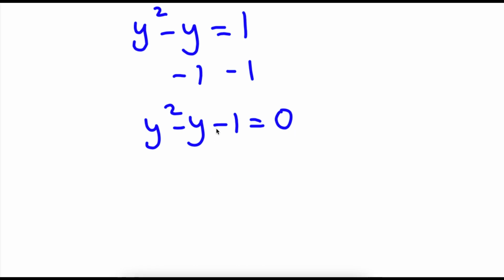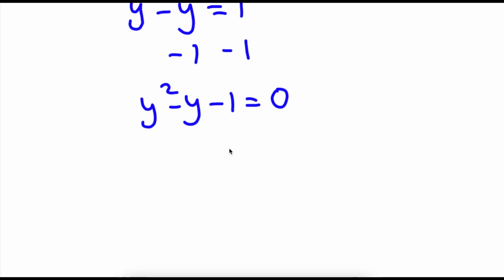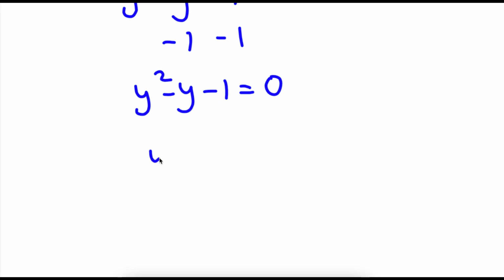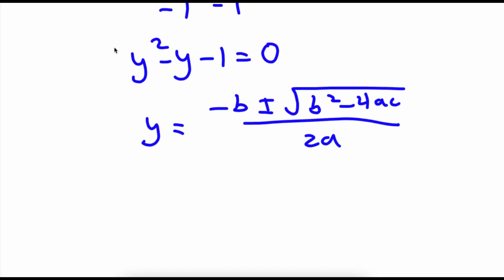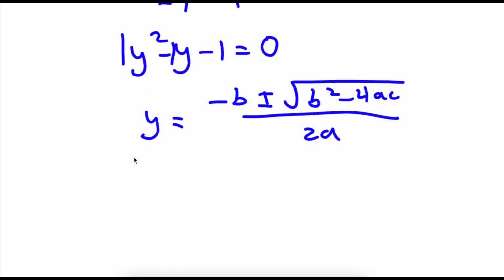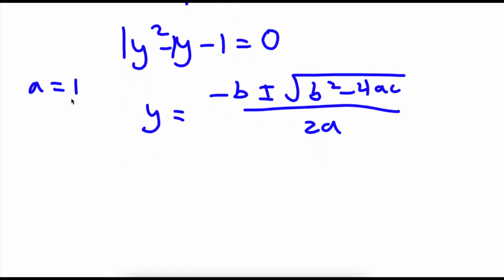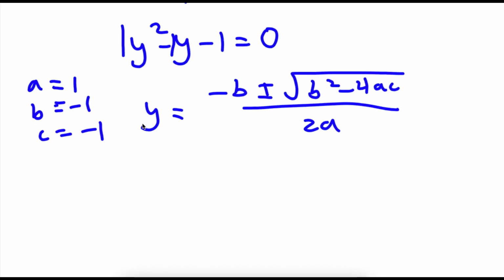To solve this quadratic equation, I'm going to use the quadratic formula, which is y is equal to negative b plus or minus the square root of b squared minus 4ac all over 2a. Now in this case, a is equal to 1, b is equal to negative 1, and c is equal to negative 1.